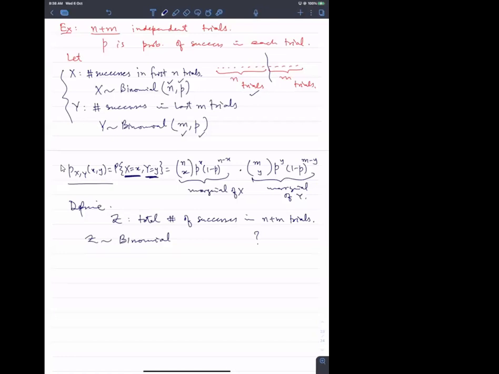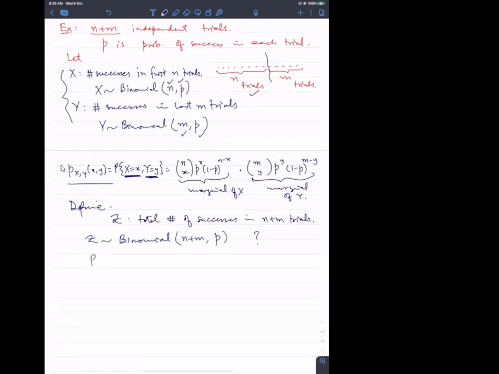अभी हमने z की definition में कहीं x y इस्तेमाल ही नहीं किया. हमने ये कहा कि n plus m trials हैं और probability of success in each trial is p and each of the trials are independent. Then z is the number of successes in those n plus m trials. So z is a binomial with parameters n plus m, p.